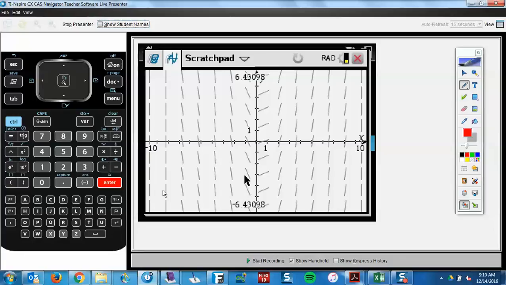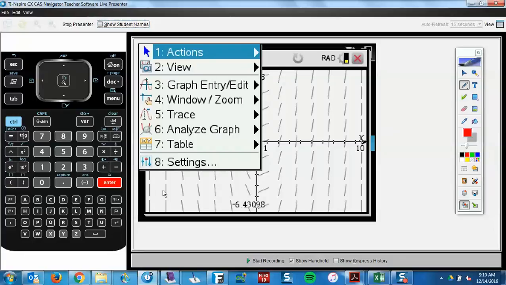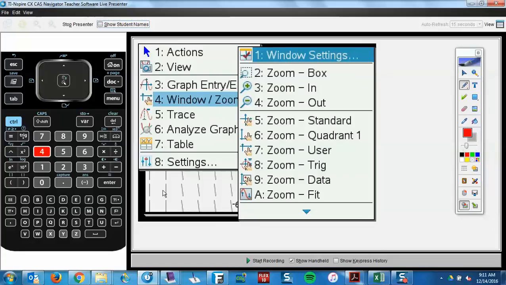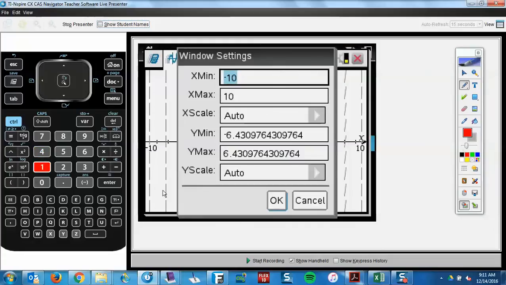Okay, let's do this. Go to menu, window settings, number 1. Let's go negative 3 to 3, and then hit enter. Leave the y's the same, it's fine.